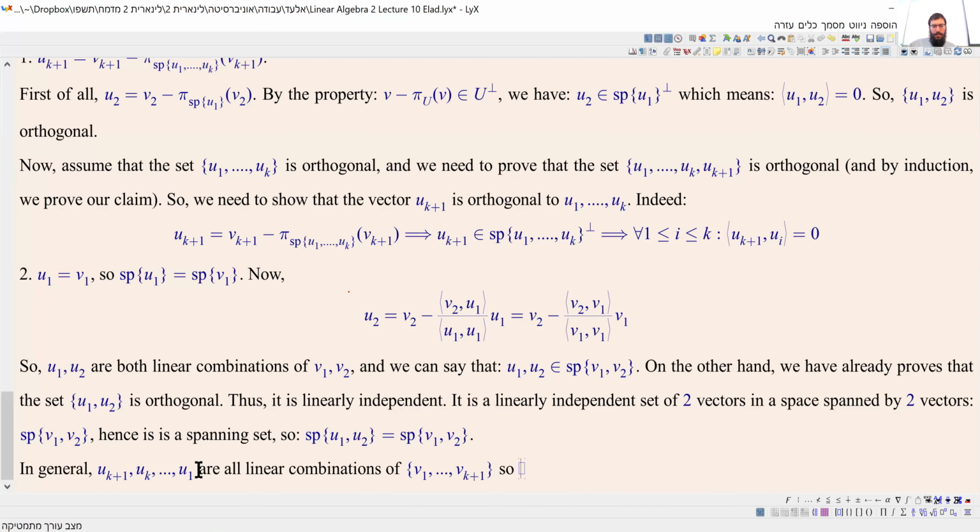So the vectors U1 to U k plus 1 are in the space spanned by V1 to V k plus 1.